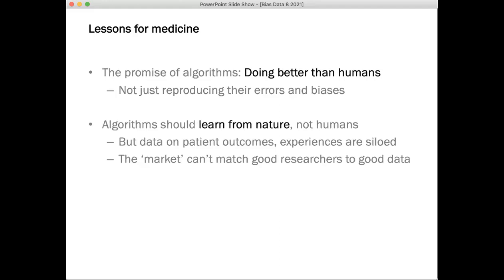And to do that, we need algorithms that learn from nature, not just from me as the doctor. We want algorithms to learn from the patient's experience of pain, from actual health outcomes. And those data are actually very hard to find, unfortunately. So we were very lucky to have access to the data sets we needed to look at health outcomes and patient experiences, but that's really hard.